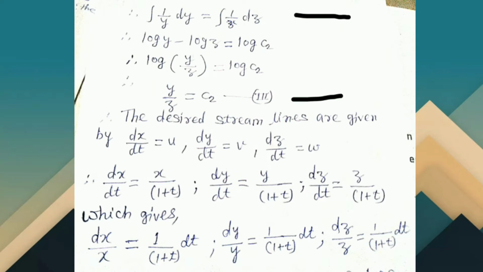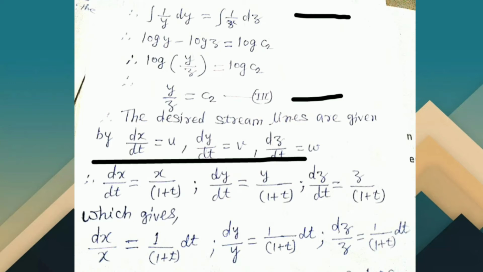The desired path lines are given by dx by dt is equal to u, dy by dt is equal to v, and dz by dt is equal to w. We know the value of u, value of v, and value of w. u is x upon 1 plus t, v is y upon 1 plus t, and w is z upon 1 plus t.